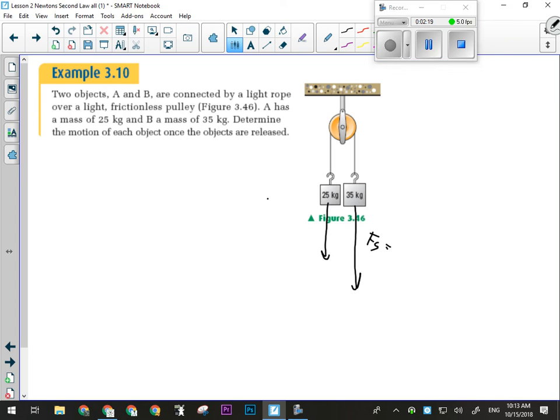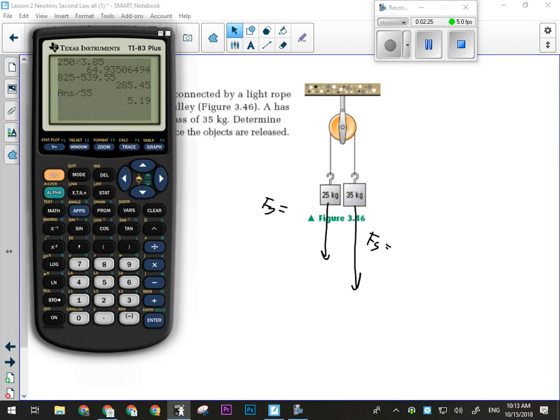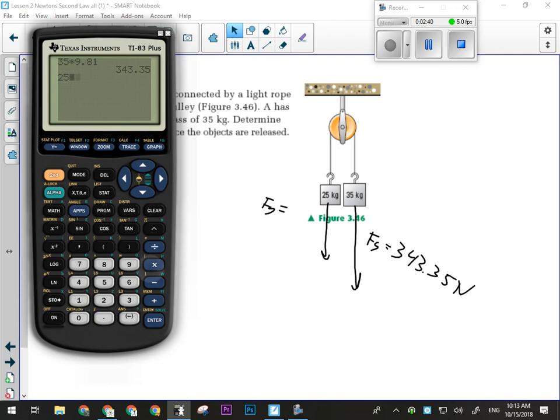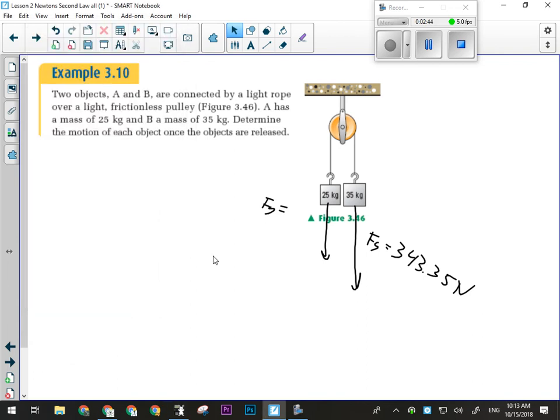This force of gravity is obviously going to be less because it's a smaller mass. If we calculate the forces of gravity, we'll have 35 times 9.81, which is 343.35 newtons, and then 25 times 9.81 is going to be 245.25 newtons.